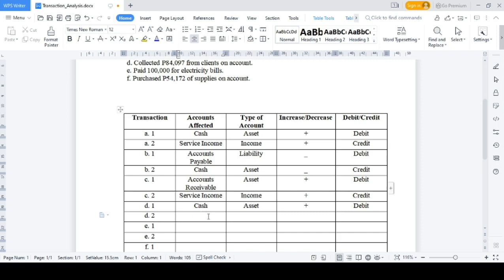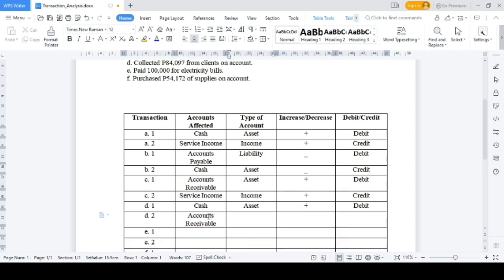Alright, second account, accounts receivable, which is also an asset, which decreases, right? Since the normal balance of an asset is debit and increase, then this one is decrease, so we will have it credit.